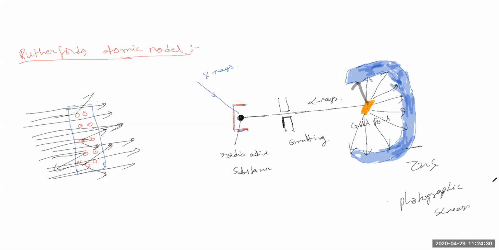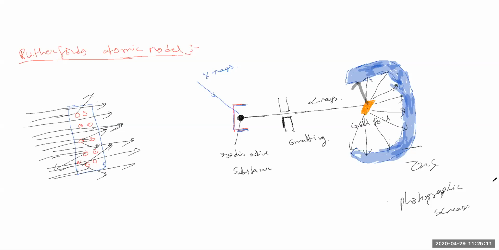The difference means the nucleus is 10 power 5 times smaller than the atom, and the atom is 10 power 5 times greater than the nucleus.